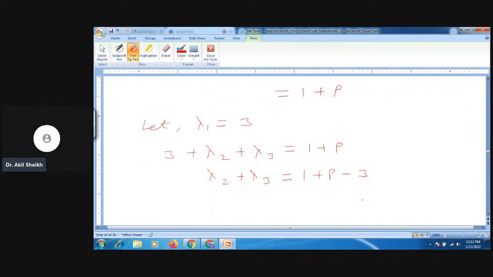So the sum of the remaining two eigenvalues will be minus 2 plus p, or p minus 2. So in the given options, option C is the correct option.